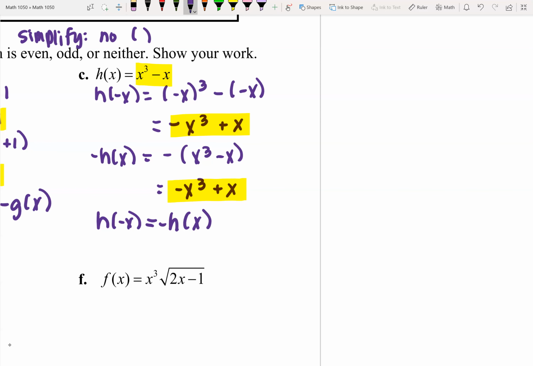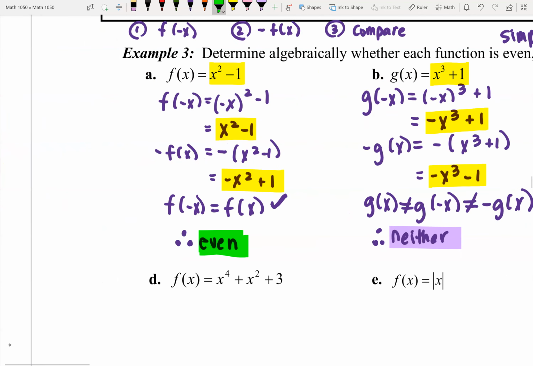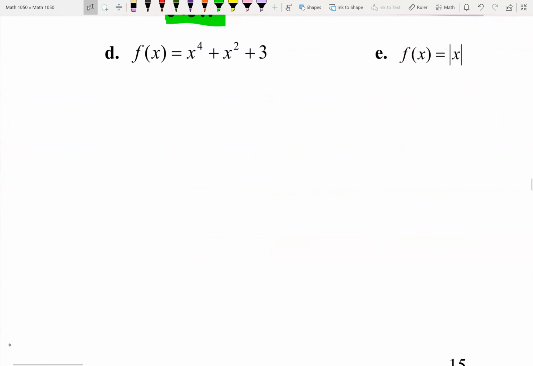You guys, if the negative equals the negative, it's odd. That's what I remember. That's all I remember. If the negative is the negative, it's an odd. If the positive is the negative, it's even. And if it's neither, it's neither. So negative equals negative means odd. And I'm done. Who says I totally get this? Raise your hand. Let me see. Okay, yay.